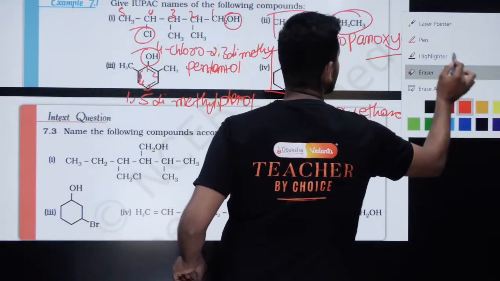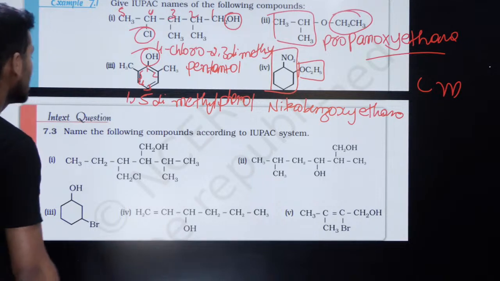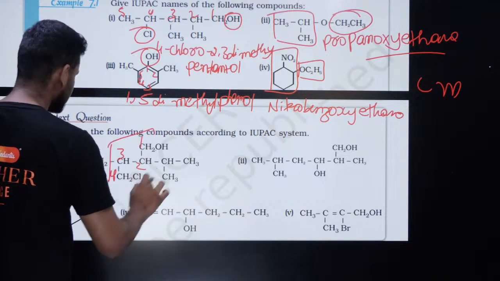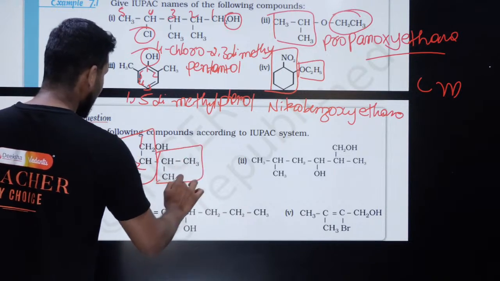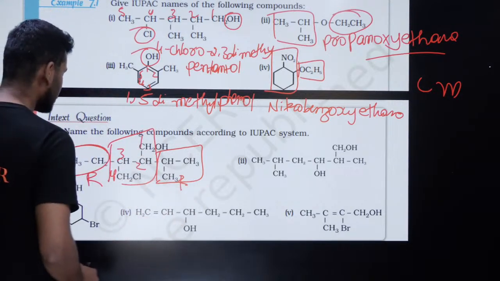Whenever they ask these types of questions at NEET and JEE level, students, here the 1st carbon, 2nd carbon, 3rd, totally 4 carbon atoms are present. We consider this as one functional group and this as another functional group. Here the naming is taken from this side.